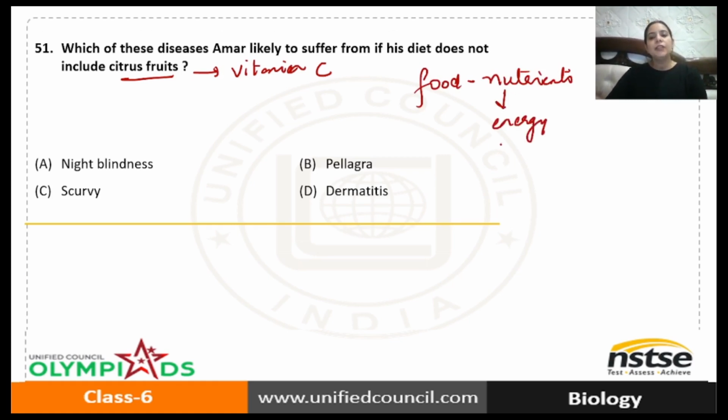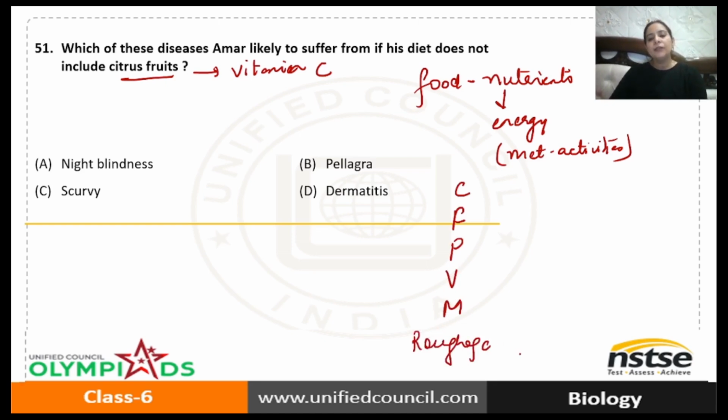We all need energy to carry out all activities, including the metabolic activities of the body, or whatever you're doing, studying, moving, hopping. Nutrients are basically carbohydrates, fats, proteins, vitamins, and minerals, and apart from this, to keep our digestive tract clean, we need roughage and water also. Though they are not a source of energy, we still need them.